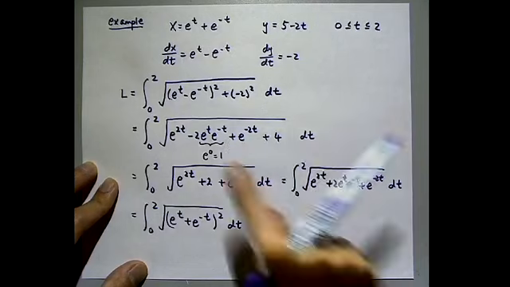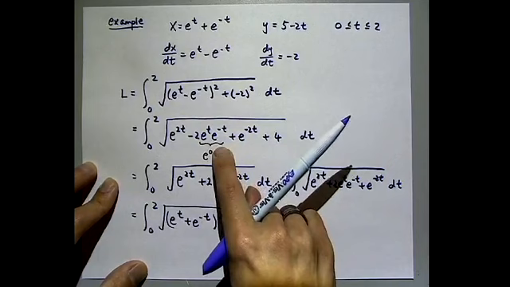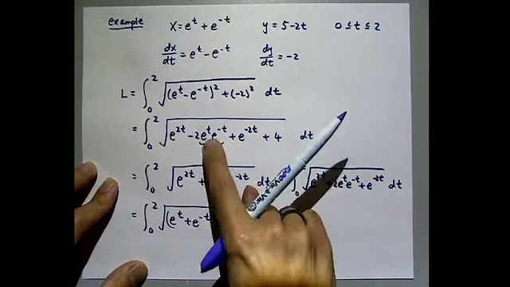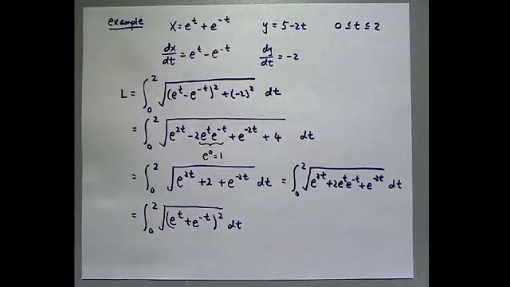No, but regardless of the value of t, e to the t times e to the minus t is 1. Right? That's 1 regardless of the value of t. Does that make sense?